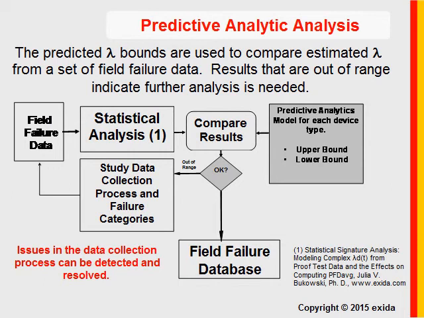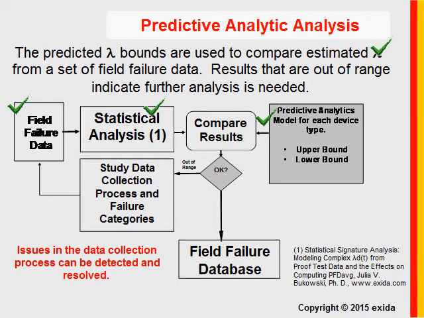Here's what we do. We take a set of field failure data that we get from the field. We perform statistical analysis on it using one of several different techniques to produce an estimated failure rate. We take the predictive analytic model for each device type, including the upper bounds and lower bounds and statistical averages and deviations, and we compare the actual estimated lambda with the predicted lambda range and ask a number of simple questions.